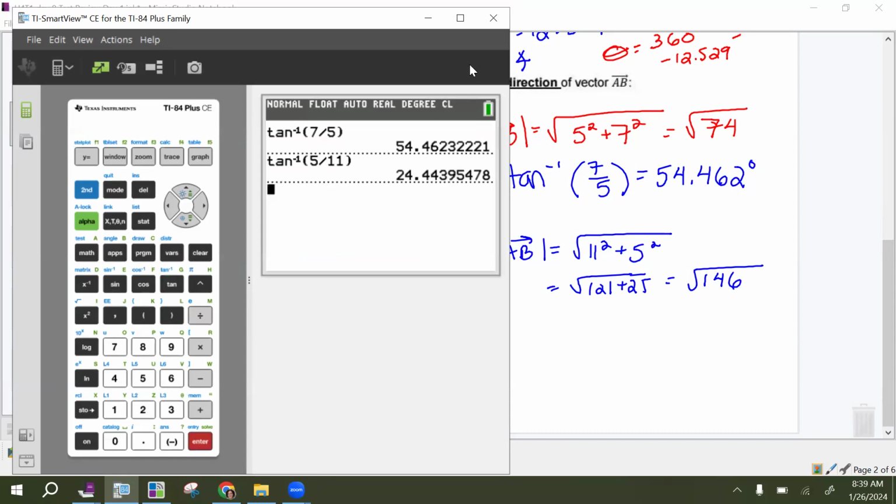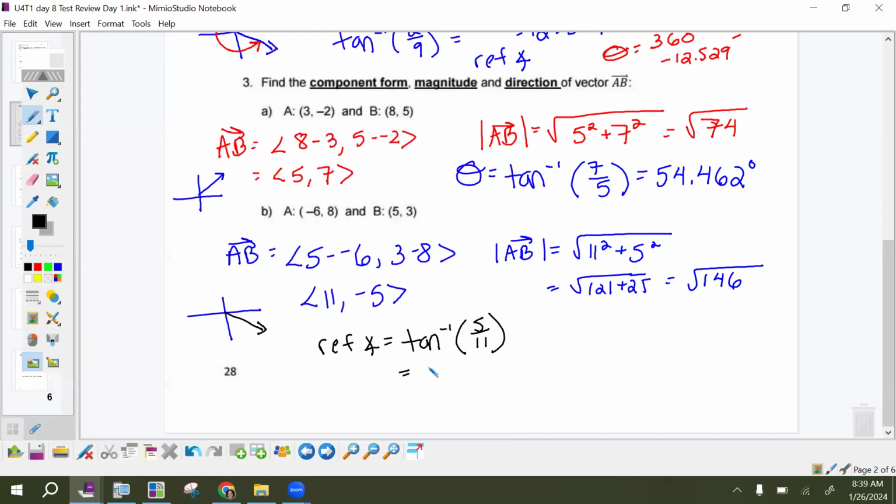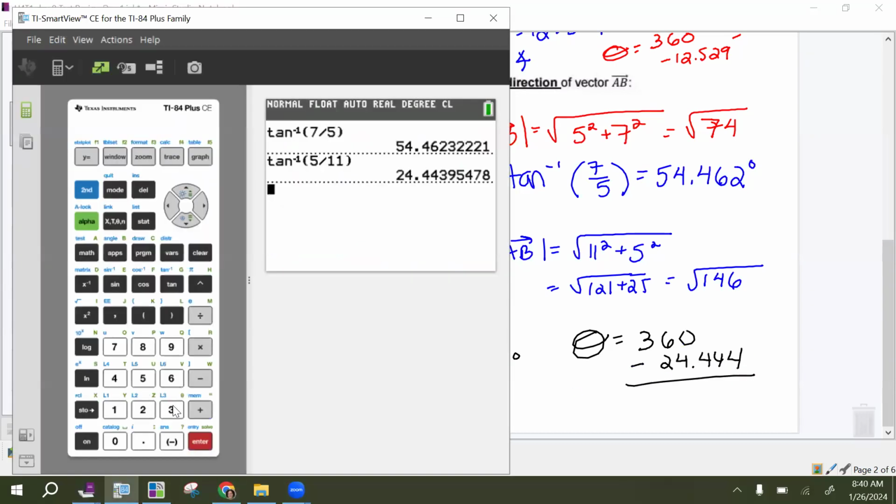This 9 rounds that 3 up. All right, so our actual direction in quadrant 4 is 360 minus that, 335.556 degrees.